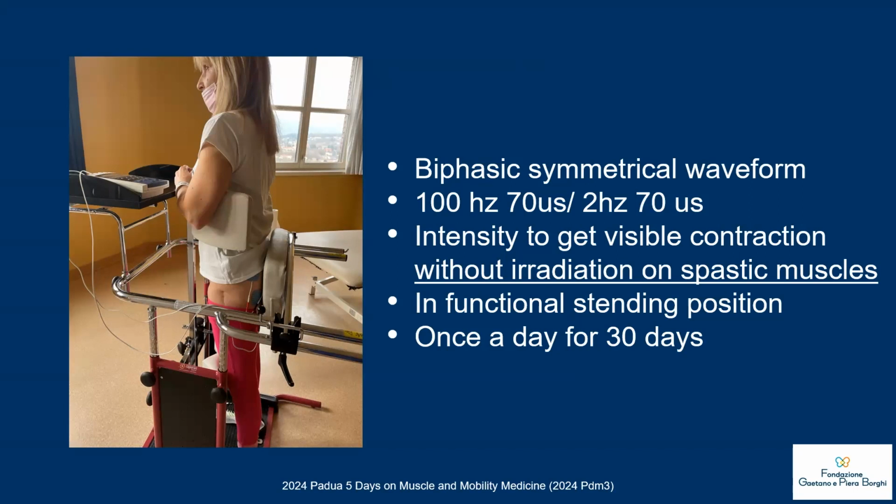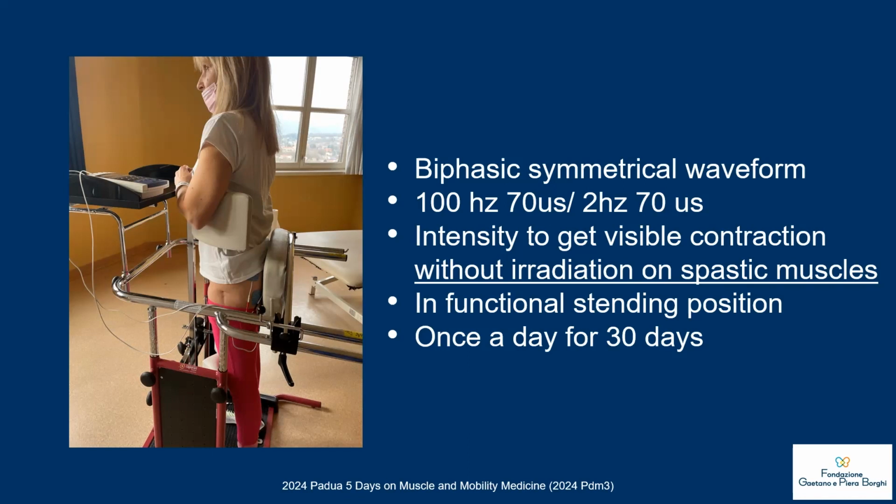So we decided to apply the electrodes near the trochanter and on the iliac bone. We chose a stimulation of 100 Hertz and 70 microseconds in combination with 2 Hertz and 16 microseconds. I always choose a stimulation in low frequency, because I like to enhance the intensity.